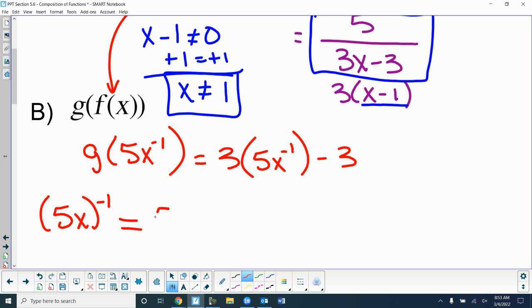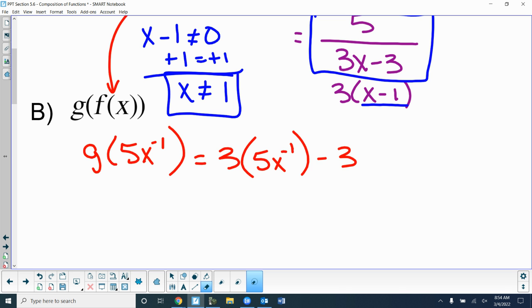Are these equal? Let me ask you that. Are those the same thing? No. Okay, see what I'm asking? So the only thing that's going to move in this one is the x. Here, the 5 and the x would have to move to the bottom. You see the difference? Okay, so that's something you've got to pay attention to.